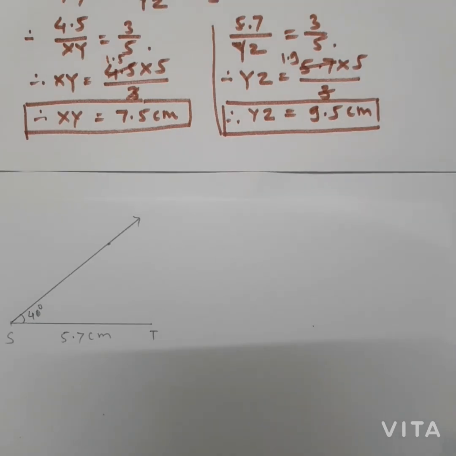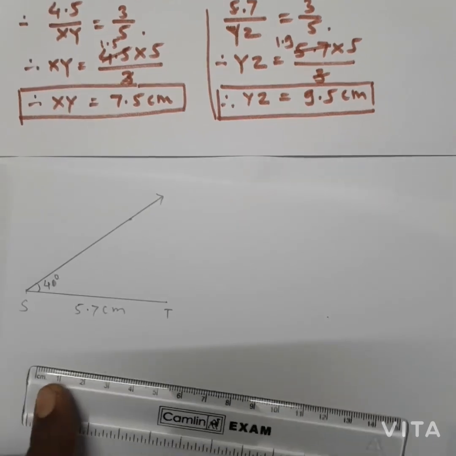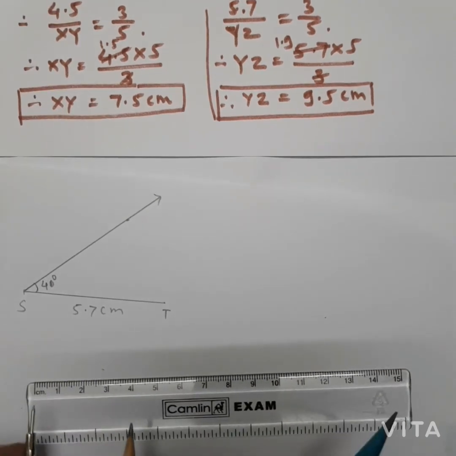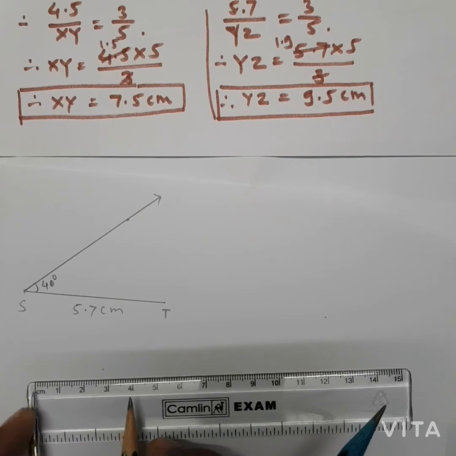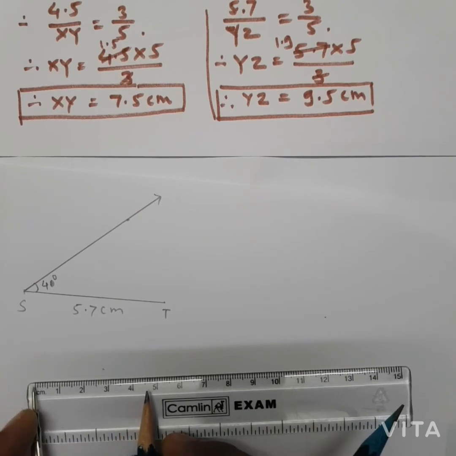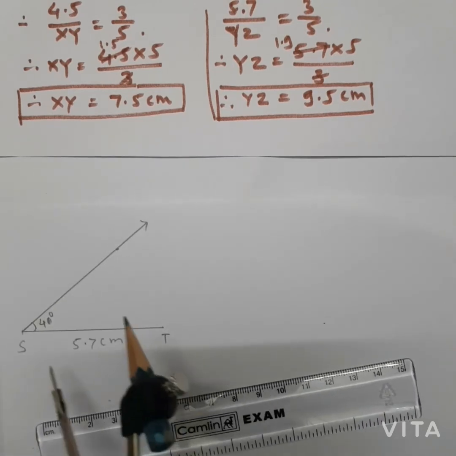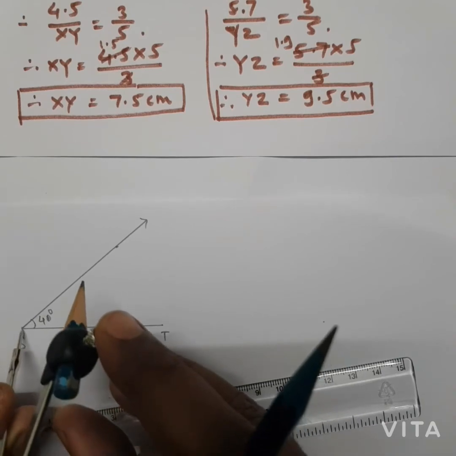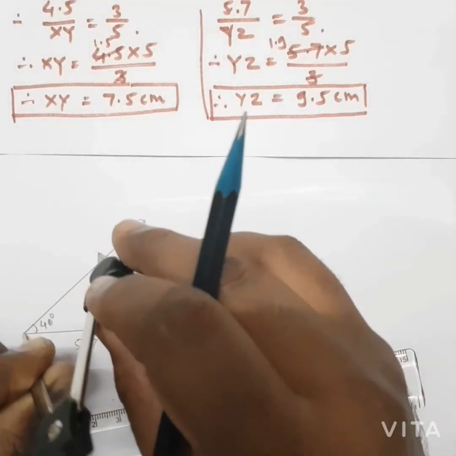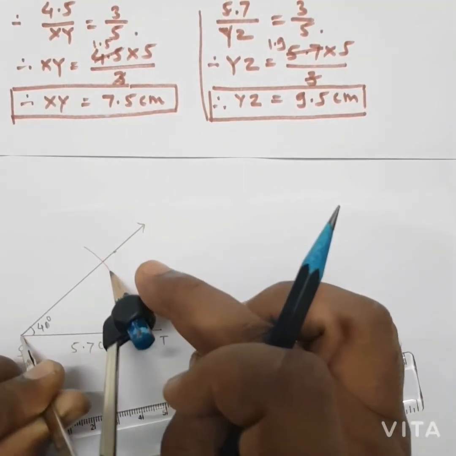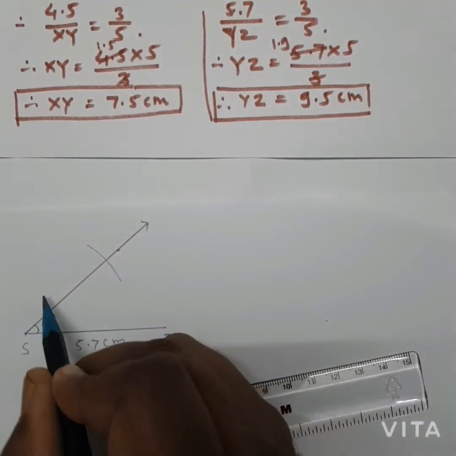Then RS is 4.5 centimeter. We take a 4.5 centimeter distance. From S, draw an arc at a distance of 4.5 centimeter.